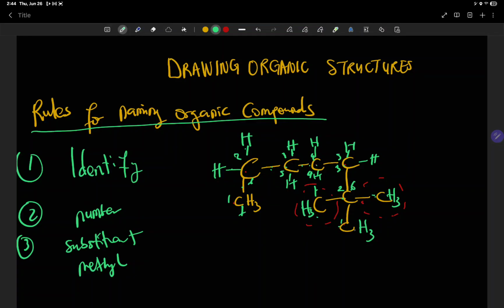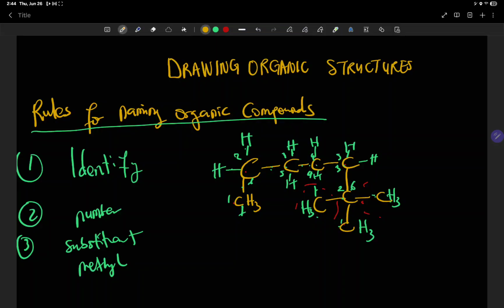The reason we consider this way is because we want our substituents, both of them, to have the lowest possible number. So let me clean this up to make it neater. We want our substituents to have the lowest possible number.